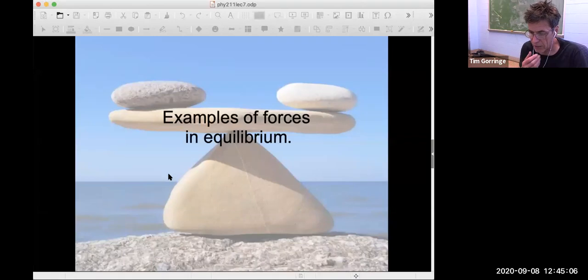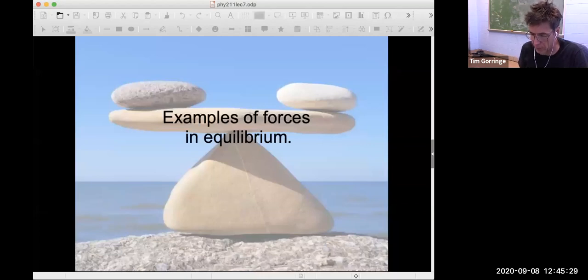Okay, so let's now move on to the examples part of today's class, the illustrations part of today's class. And as I mentioned at the beginning, there are going to be two distinct parts to this. One part is going to be examples of forces in situations we call equilibrium.